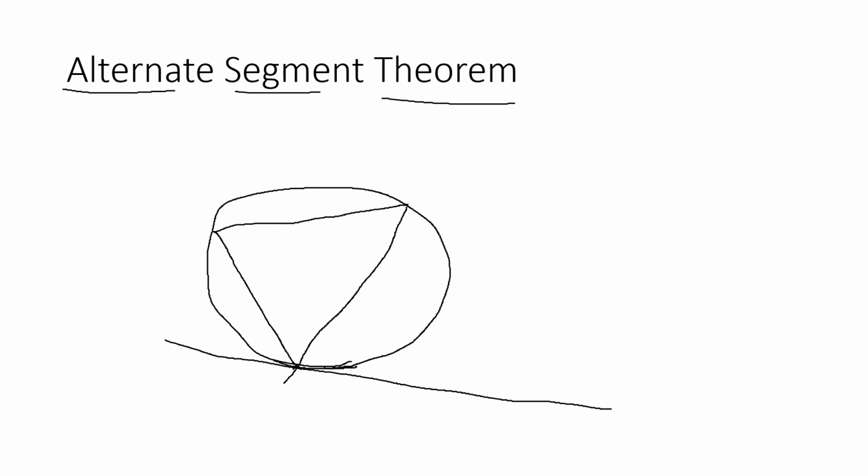If this angle here is x, then it means that this angle here, which is in the alternate segment, is going to be x. And likewise, if this is y, then this here is going to be y.